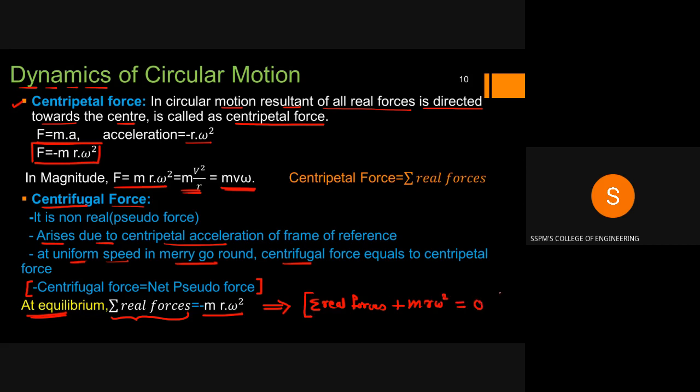So this is the condition for the equilibrium. Okay, we can experience this condition when the merry-go-round is moving with the uniform speed. At the uniform speed in the merry-go-round, centrifugal force is equal to the centripetal force.